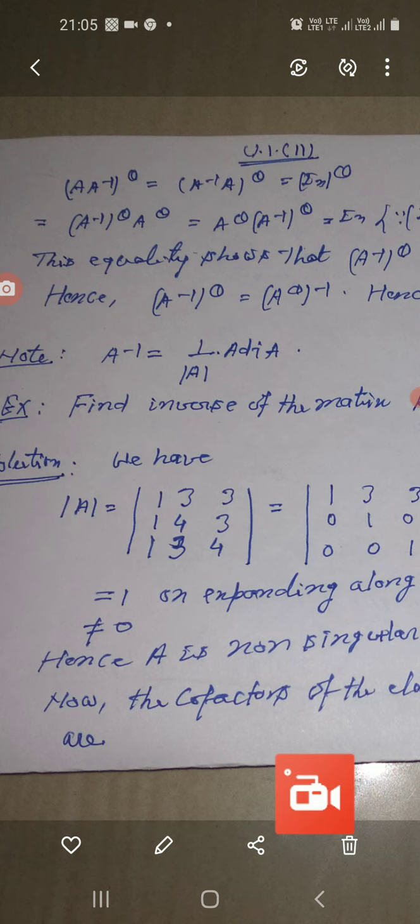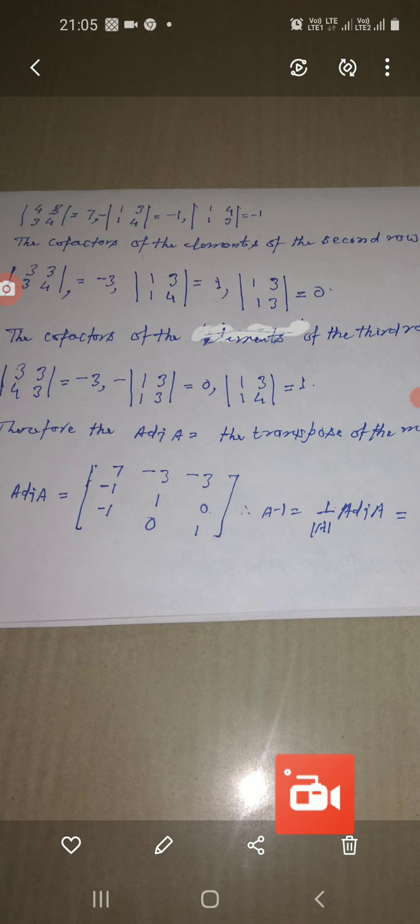Now the cofactors of the elements of the first row of the determinant A are determinant 4 3 3 4, which is equal to 7, minus determinant 1 3 1 4, which is equal to minus 1, and determinant 1 4 1 3, which is equal to minus 1.